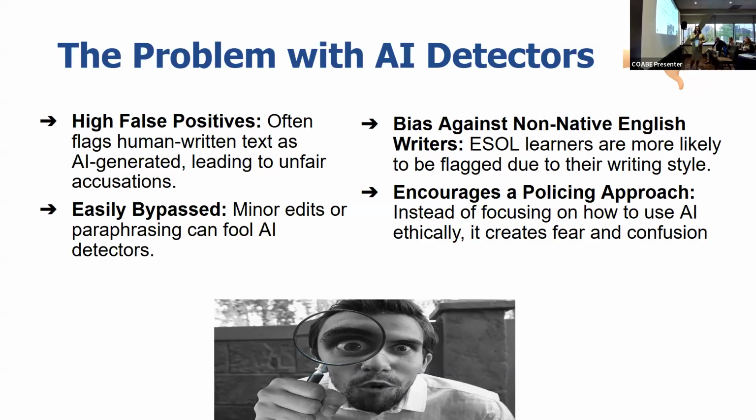Okay. And then, of course, if you use AI detectors, it creates a distrust between us and our students. Okay? If you continue to use this approach, instead of focusing on how to use AI ethically, we are creating more fear and confusion. Okay?